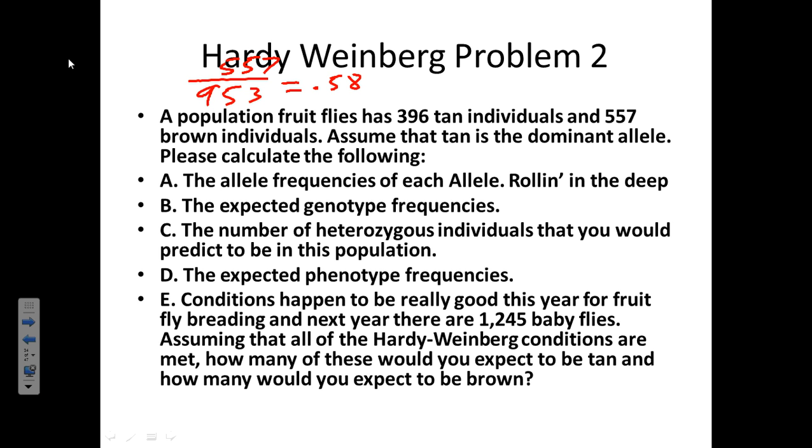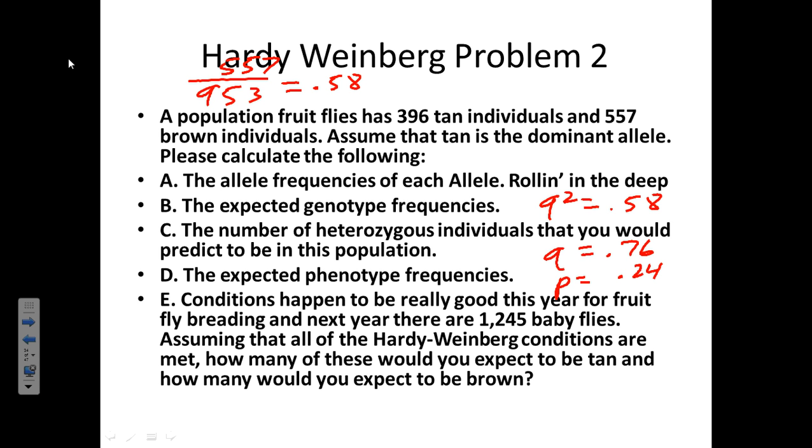What does that 0.58 represent in our Hardy-Weinberg equations? It's q squared, the percent of individuals that are homozygous recessive. So q squared equals 0.58. If we take the square root of that, we get 0.76. That's q, which means p has to be 0.24, because they have to add up to 1. p plus q has to equal 1.